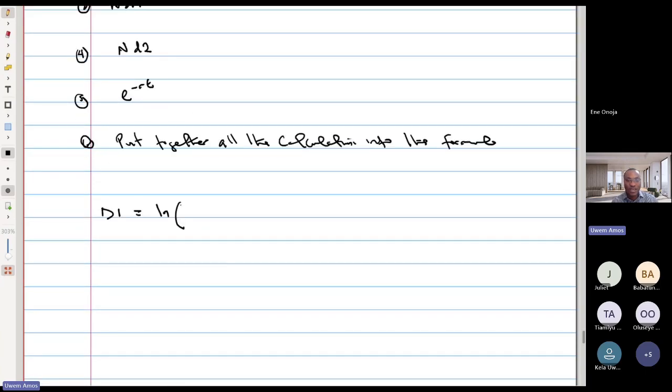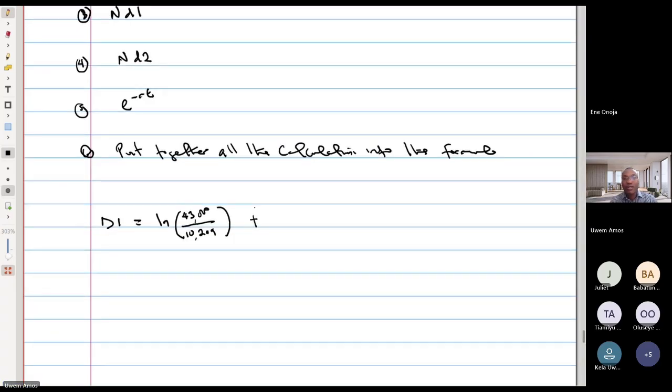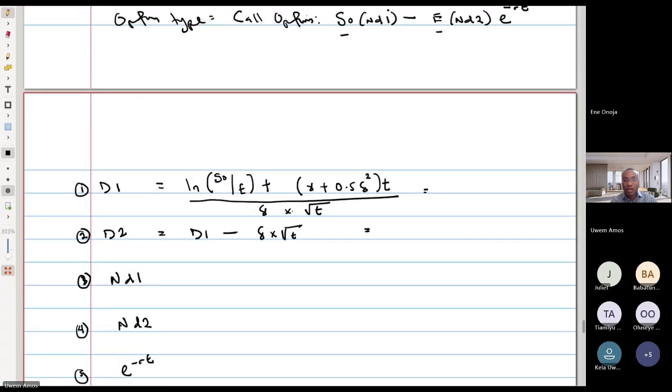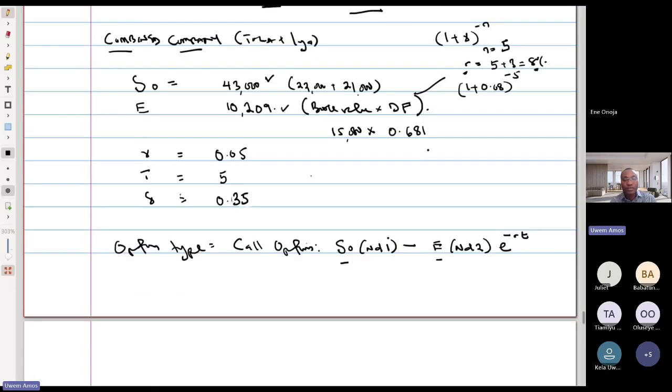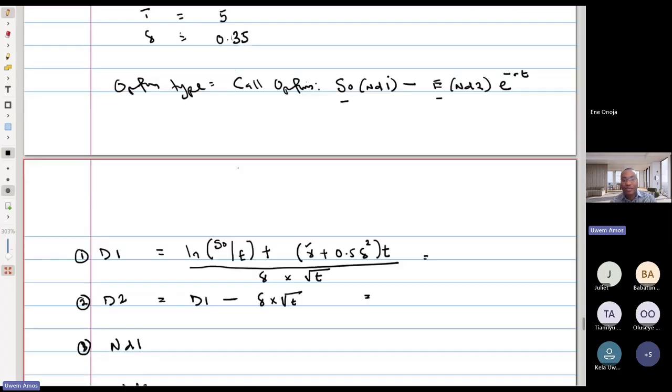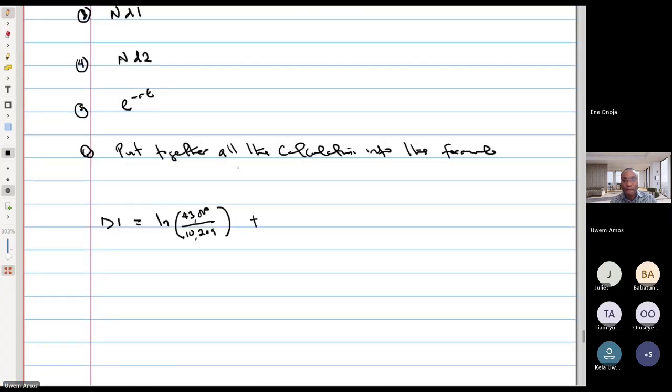So 43,000 divided by 10,209, plus our R, which is our risk-free rate. So what do we have as R in our question? 0.05. So that's our R.